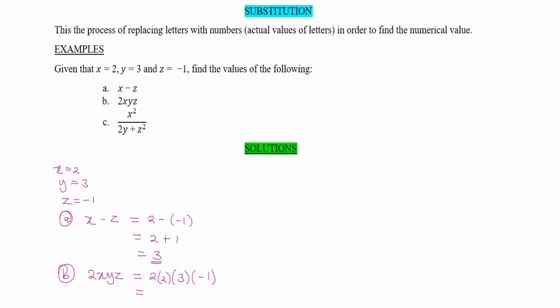Okay, if we multiply, 2 times 2 is 4, 4 times 3 is 12, 12 times -1 will just give us -12, and that will be our answer.